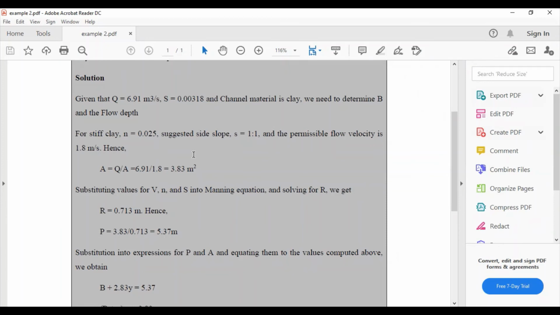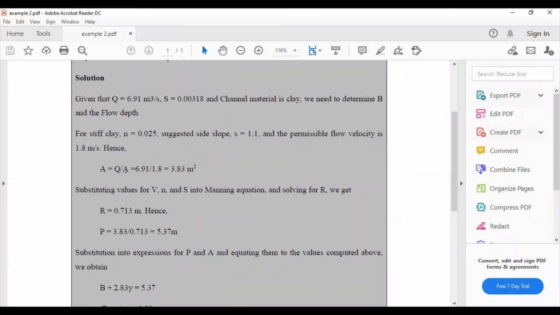So we know that discharge is equal to area times velocity. Now we've been given the discharge, and we have determined the permissible velocity. So using these two, we're able to find the area using the equation which says discharge is equal to velocity times area. You see here, this is a typo error. This A here is supposed to be V.